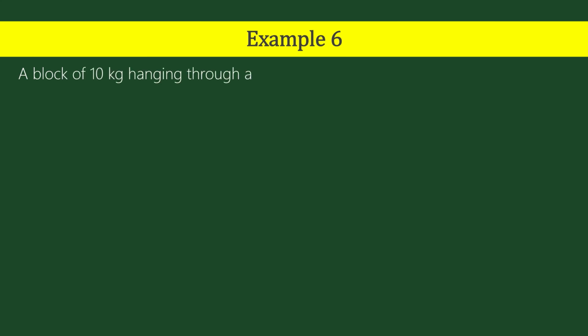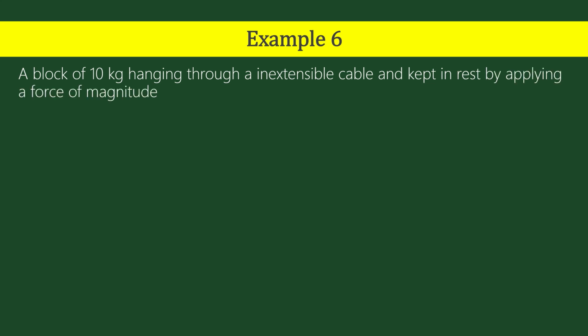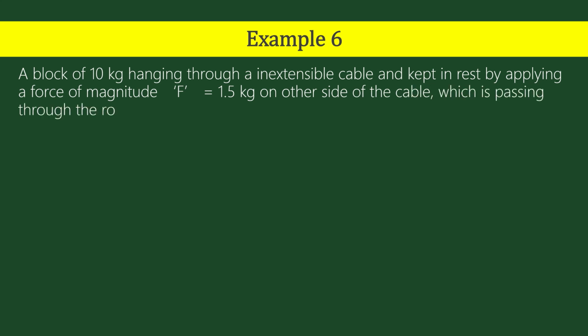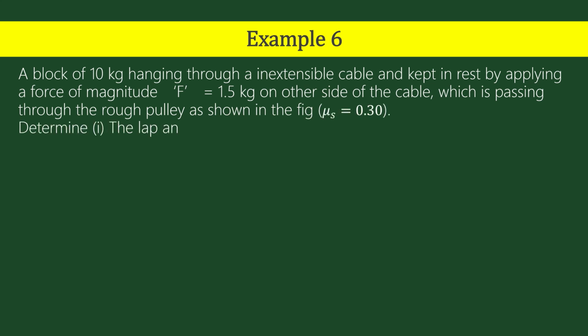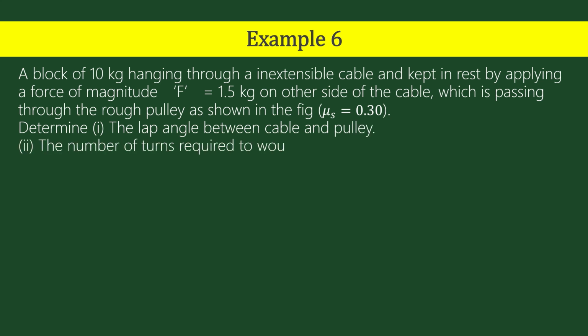A block of 10 kg is hanging through an inextensible cable and kept at rest by applying a force of magnitude F equal to 1.5 kg on the other side of the cable, which is passing through a rough pulley as shown in the figure, whose mu s is equal to 0.30.